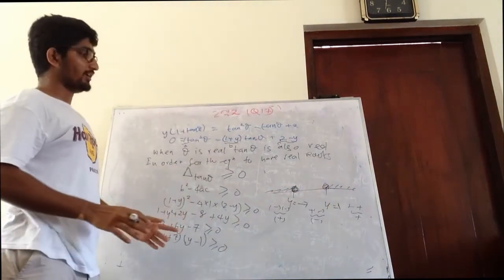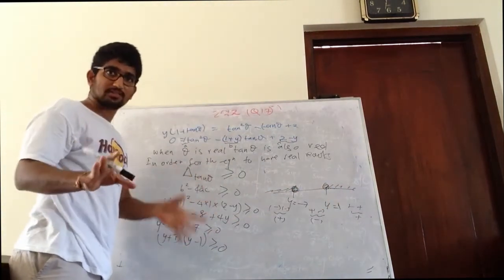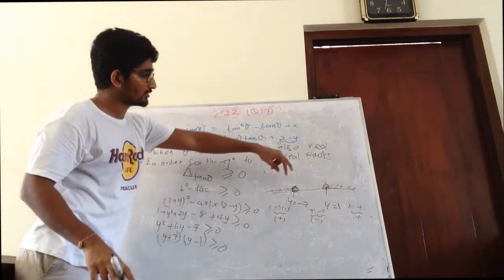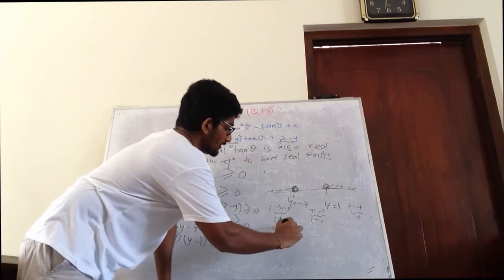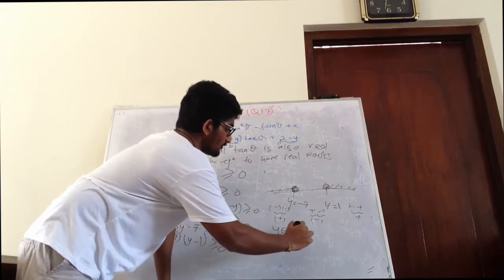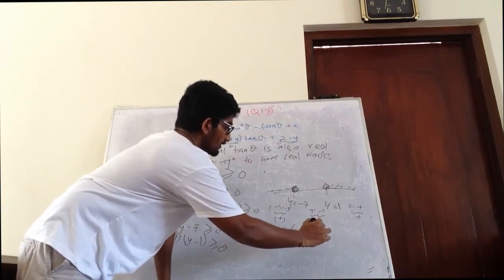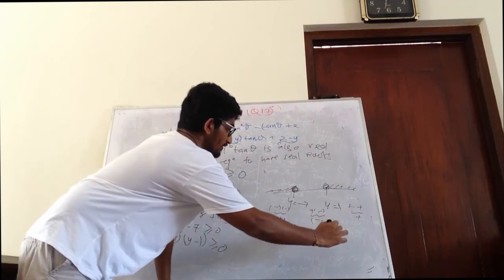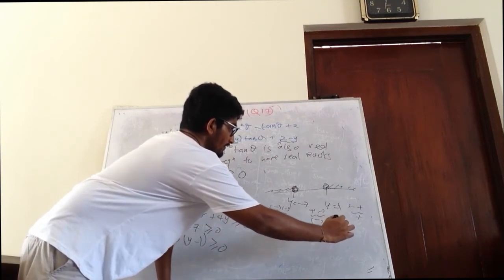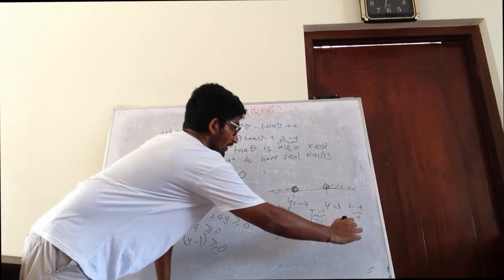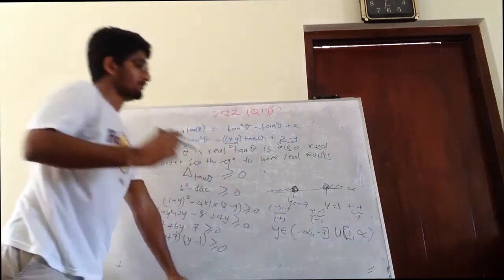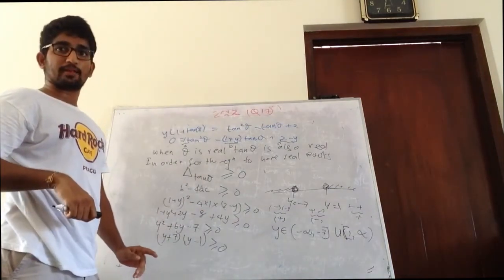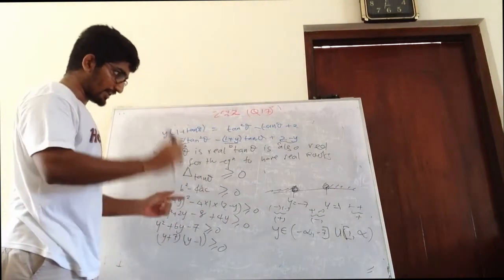So basically y, or this expression, lies in the interval from minus infinity to minus 7, and 1 to plus infinity. What does that mean?